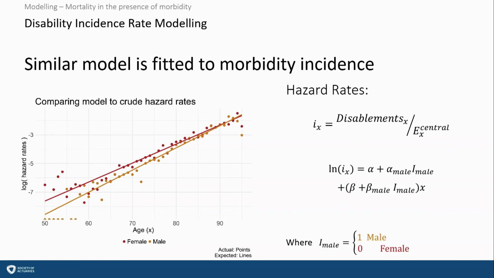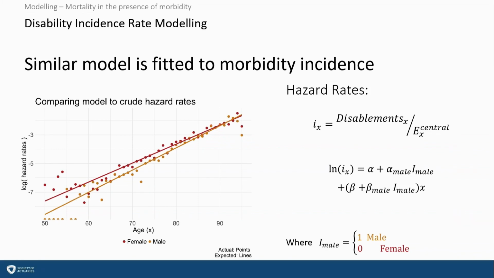Just before I get into the multi-state modeling and some of the results we got when we attempted to price the accelerated death benefit, I just want to reiterate that we've fitted very similar models for lapse and the incidence of morbidity as well. I'm displaying here the model that we selected for the incidence of morbidity.